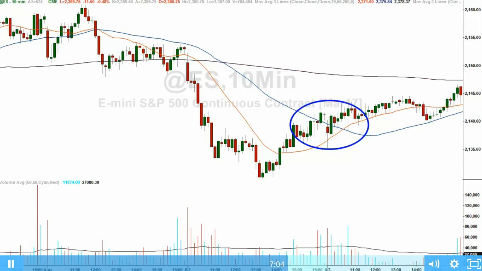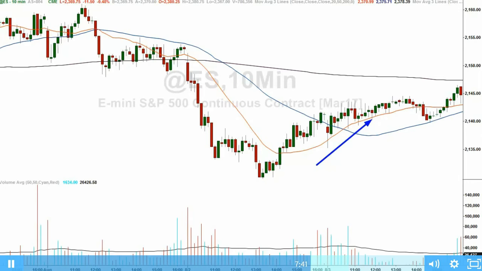Once it got above and closed above, and when I say closed above, I mean on a 10-minute candle or whatever time frame you're looking at, it could be a 60-minute chart or a daily chart, when the market closes a candle or two above the moving average, it's generally working its way into a change in direction. In this case, we're moving from a bearish case where the market moved down into a bullish case where the market was moving back up, recapturing on the upside the 50-period moving average.